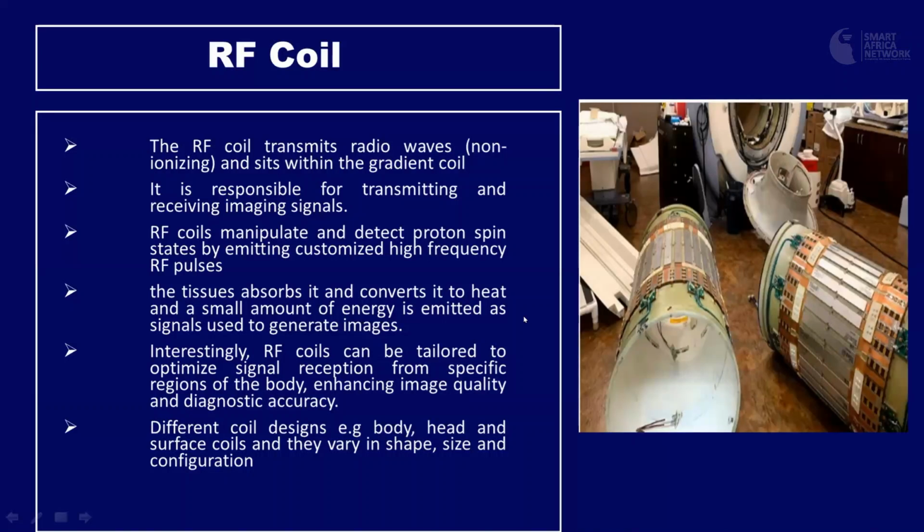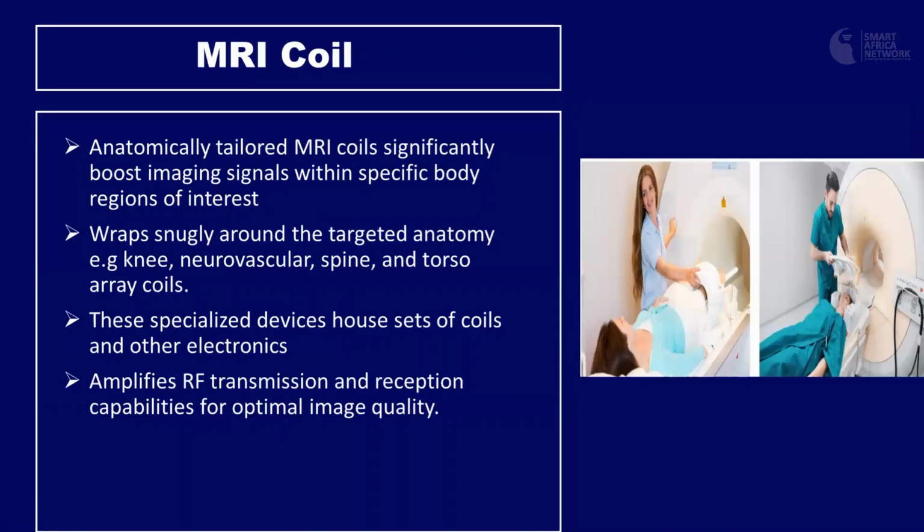There are different types of coil depending on the manufacturer. You can have the body coil, head coil, surface coil, and these can actually vary in shape and sizes. Then we'll talk about the MR coils. These are anatomically tailored depending on the part of the body that is being imaged. So if it's a knee scan you want to do, it has a knee coil, a torso area coil, spine coil, breast coil.